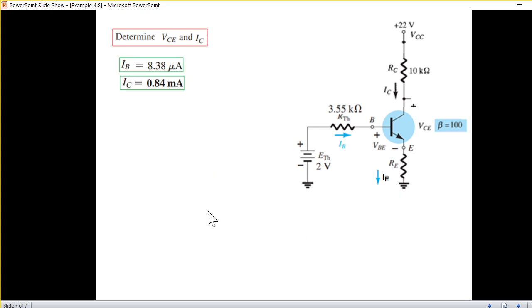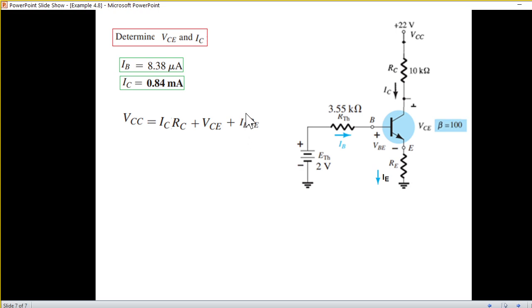Now let's go to the second part to find VCE. This is VCE. So we'll write the equation directly now. We know that VCC can be divided into these 3 parts. So VCC is equal to the drop across RC, the drop in VCE, and the drop across RE. So IC RC plus VCE plus IE RE.